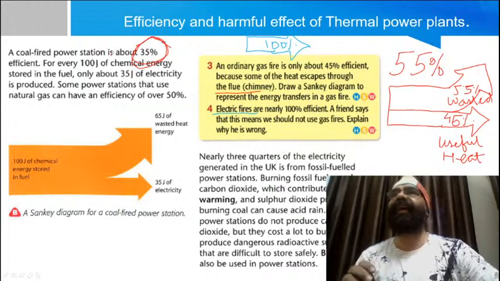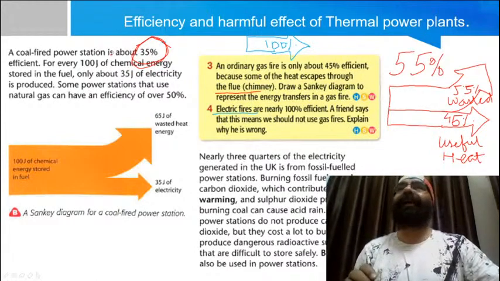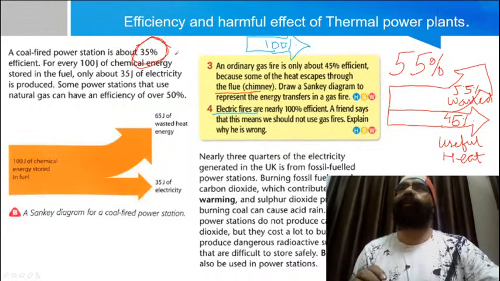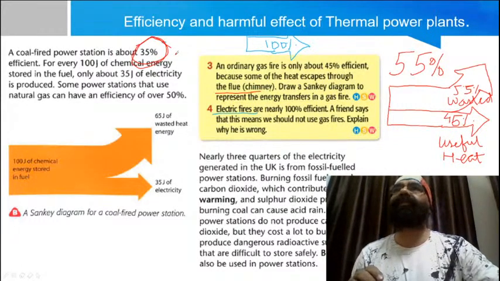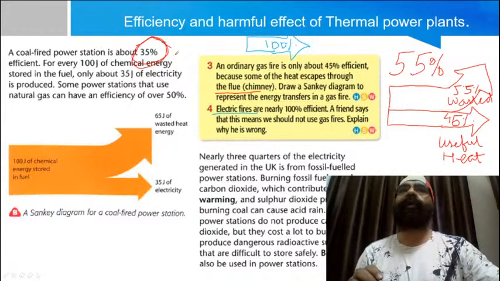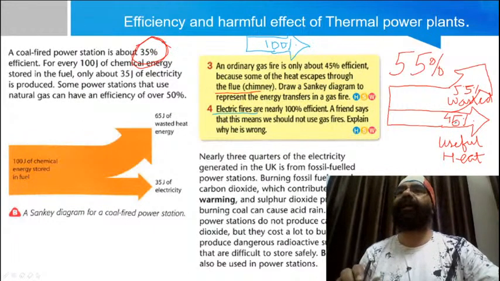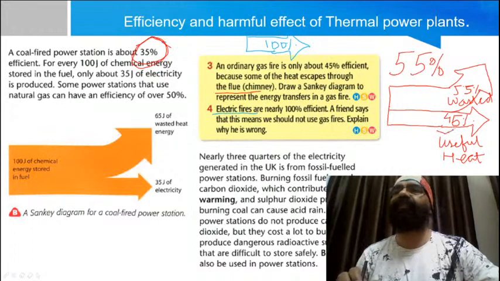Okay, and then I lose some energy while transferring the electrical energy from the power station through the national grid also. Okay, so which means that the efficiency there actually is lesser. Natural gas is giving me 45% efficiency.